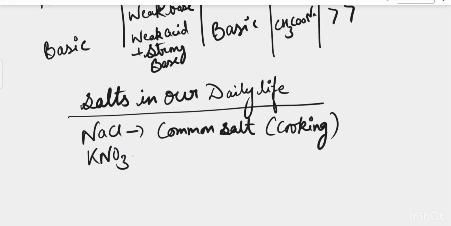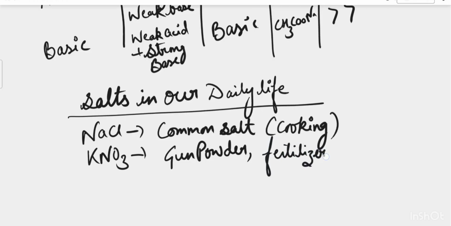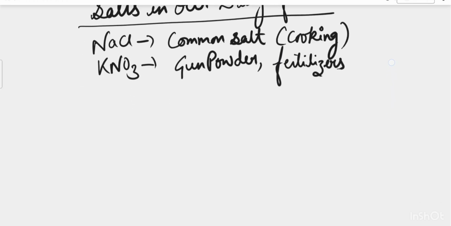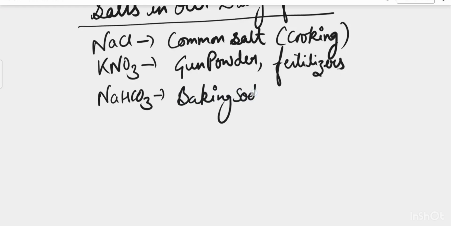KNO3 is used as gunpowder and in fertilizers. NaHCO3, baking soda, is used in cooking and cleaning.